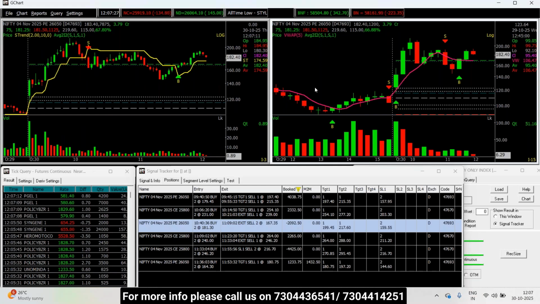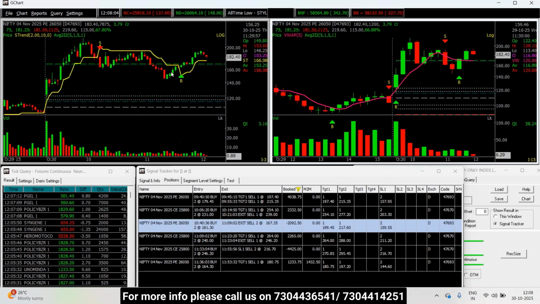VWAP stands for volume weighted average price. It represents the average price of a stock throughout the day weighted by the volume. Price above VWAP indicates bullish momentum, and price below VWAP indicates bearish momentum. By combining VWAP with other indicators, we can confirm whether the entry near VWAP is strong or weak.